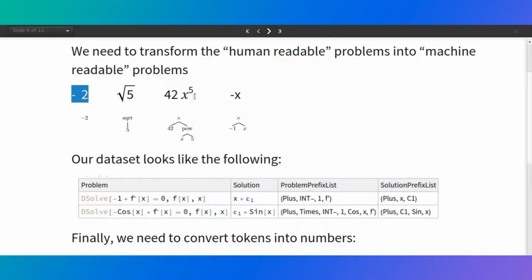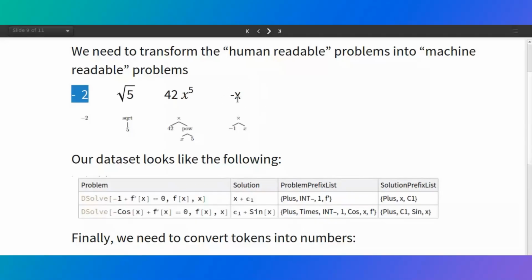For a bit more complex example, we have 42 X to the power of 5, which is represented as the multiplication of 42 times the power of the arguments. The arguments will be X and 5.